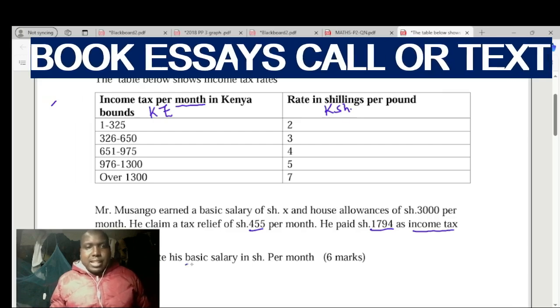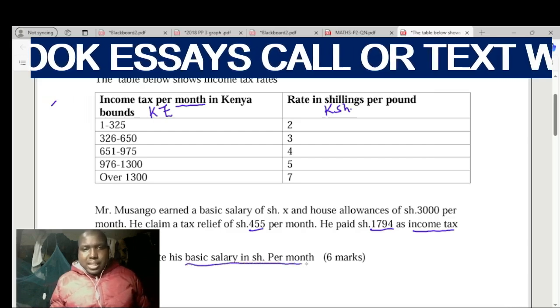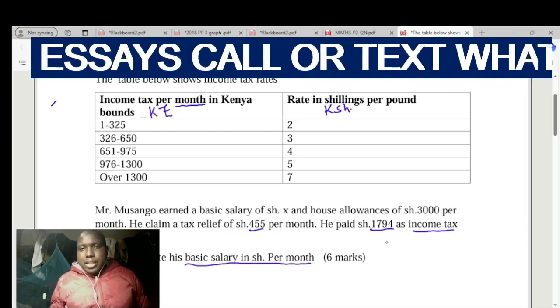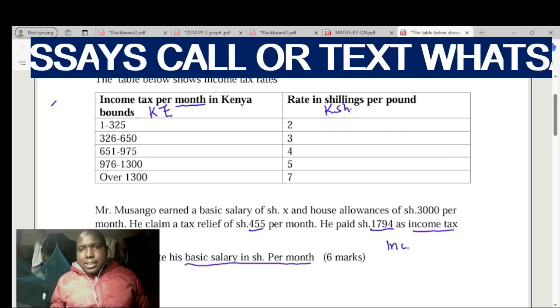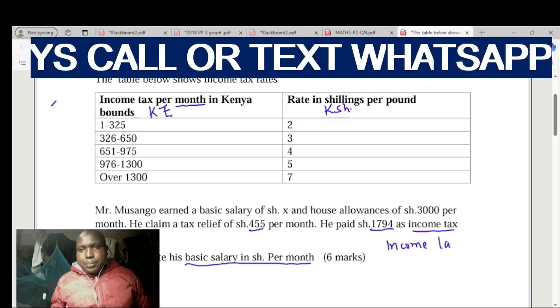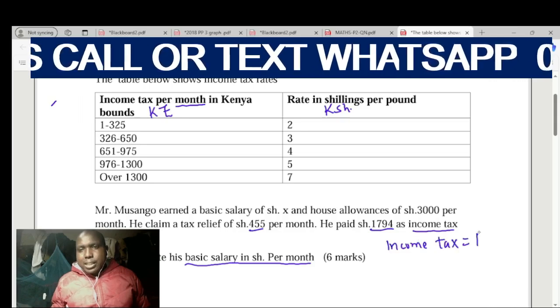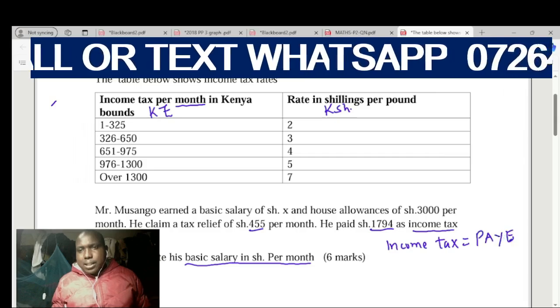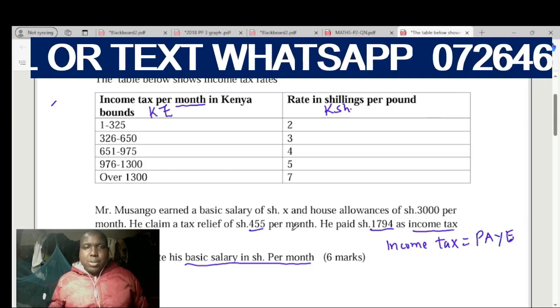Calculate his basic salary in shillings per month. I want to let you know that income tax is equal to pay as you earn, PAYE. You need to be aware of that.